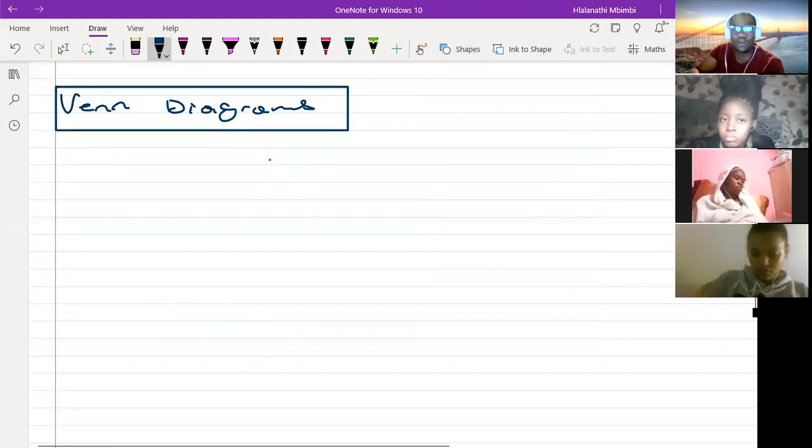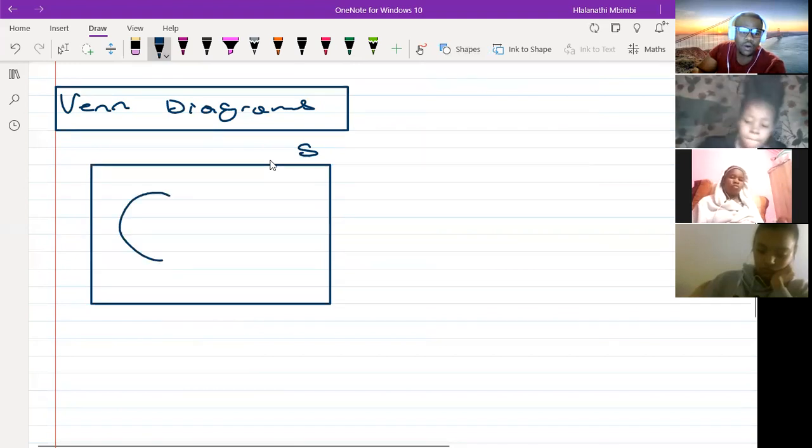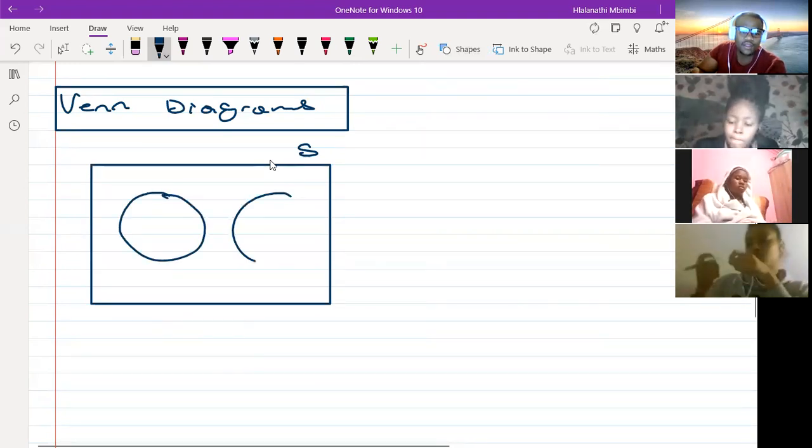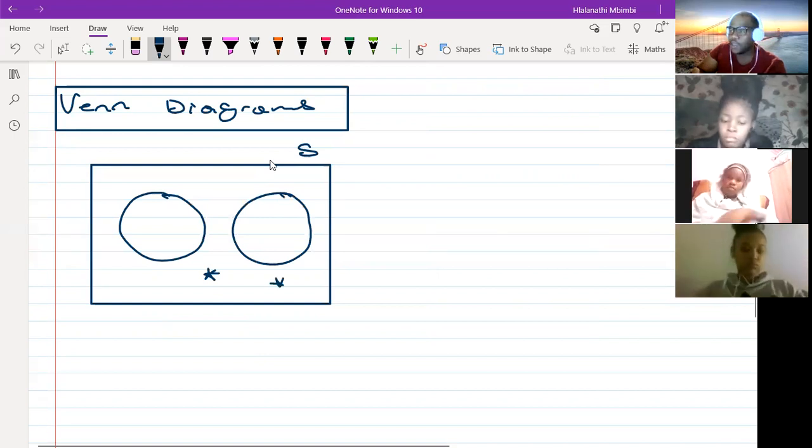To start off with the Venn diagram, as I've said before, we can have a sample space like that. We can have things that belong to the sample space, like that.